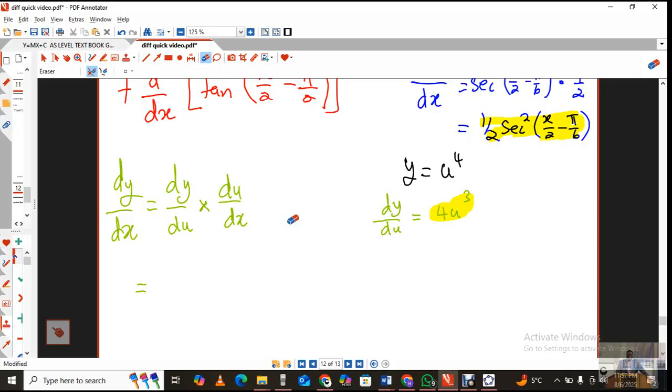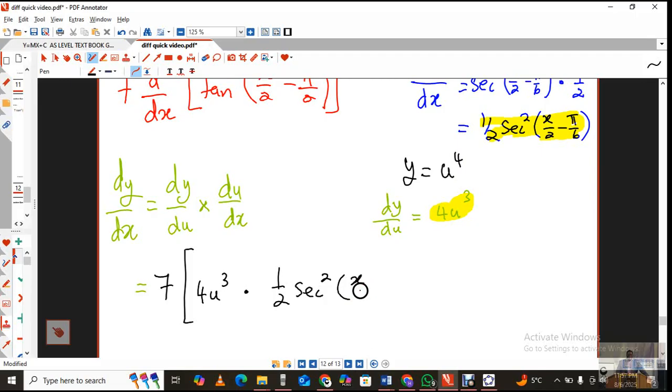So let me bring my 7 so I don't forget about it. 7, then I have dy du, as I was saying, that is 4u cubed, multiplied by all of these other ones in yellow. That's a half. Remember, this is multiplication. Sec square x over 2 minus pi over 6.